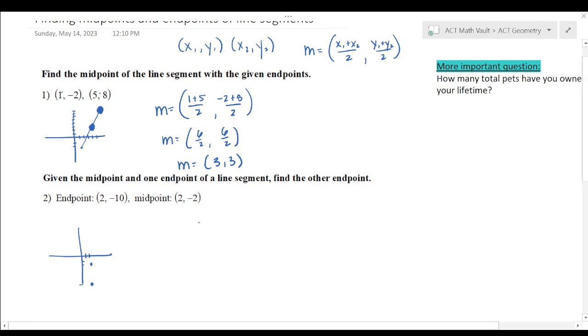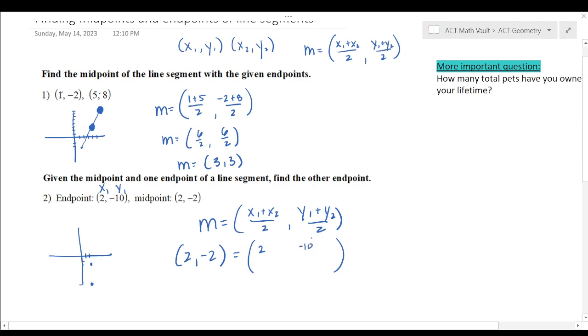So if we know that m is equal to x1 plus x2 over 2, y1 plus y2 over 2, can't I set this equal to m, and call this 2 and -2 is equal to, now we have one point, x1, y1, let's call it. We have one of those, and that is 2, and that is -10.